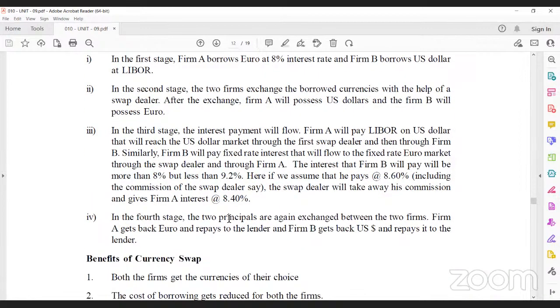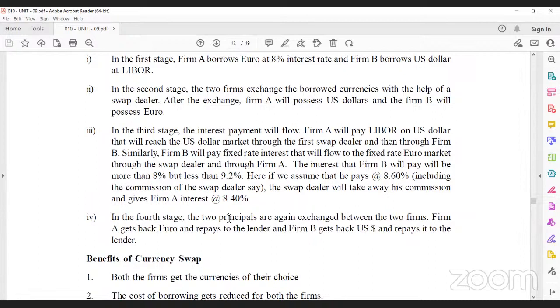Now, the third stage is wherein firm A will pay LIBOR on US dollar that will reach the US dollar market through the swap dealer, and then firm B will pay a fixed rate of interest that will flow to the euro market through the swap dealer and through firm A. The interest that firm B will pay will be more than 8%, but less than 9.2%.